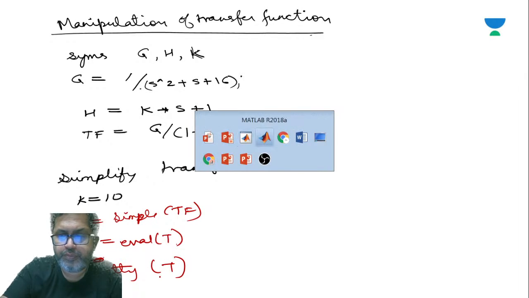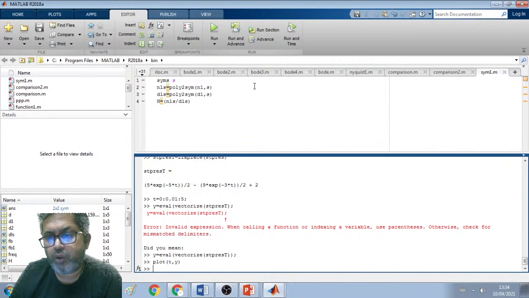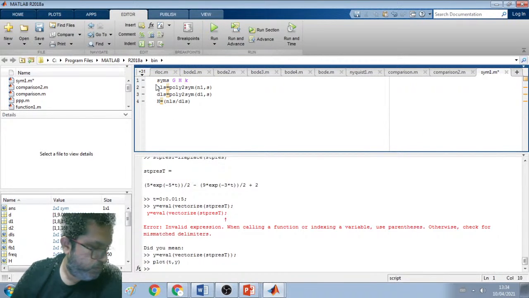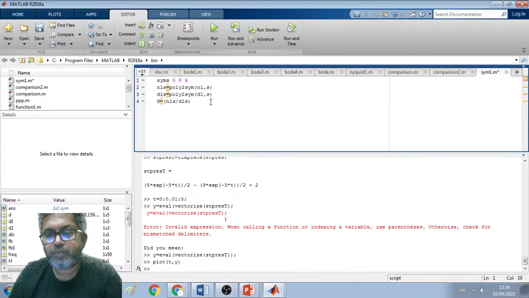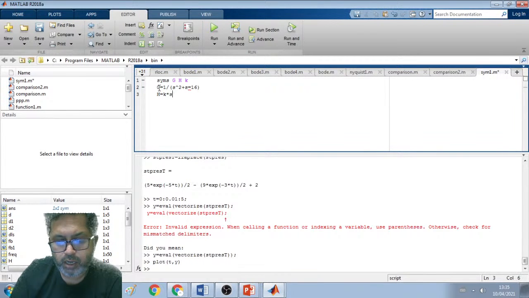So let us do it hands on. syms, or I will write it down in this file also, G comma H comma K, or you can say G space H. G equal to 1 divided by s cap 2 plus s plus 16. H equal to K star s plus 1.